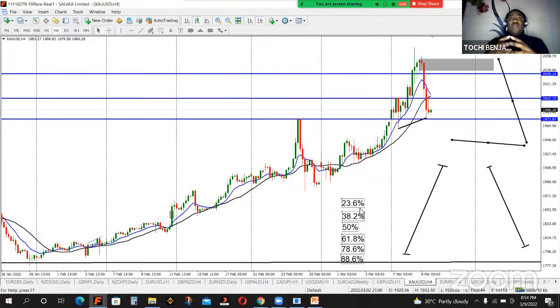Some traders are waiting for price at 38.2 so as to engage the market for a buy. Some persons will say, okay, at 50, let me engage the market for a buy. Some will say at 61.8, at 78.6, at 88.6, let me engage the market for a buy.